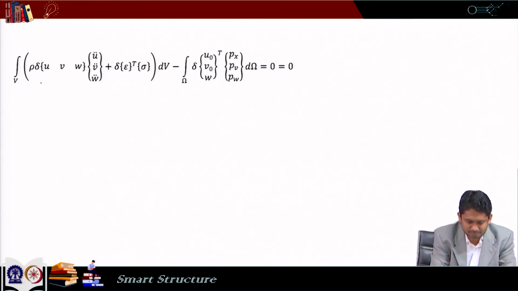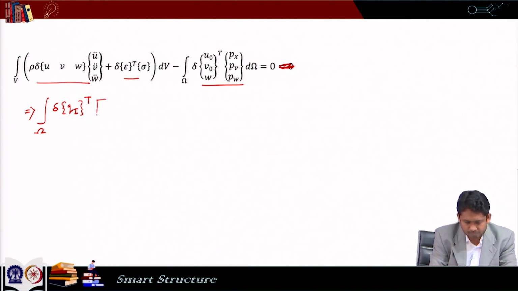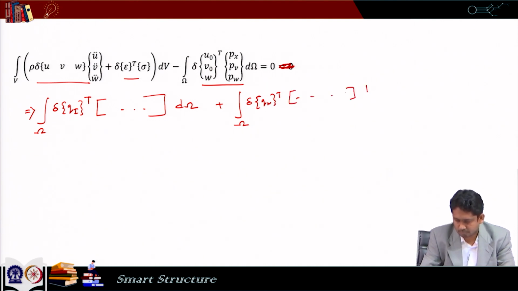So, this is what we started with, and everything we wrote in terms of the approximations. So, finally, if we put all the approximations here, we get a term like this, and then we will get a term like this. And that is equal to 0.